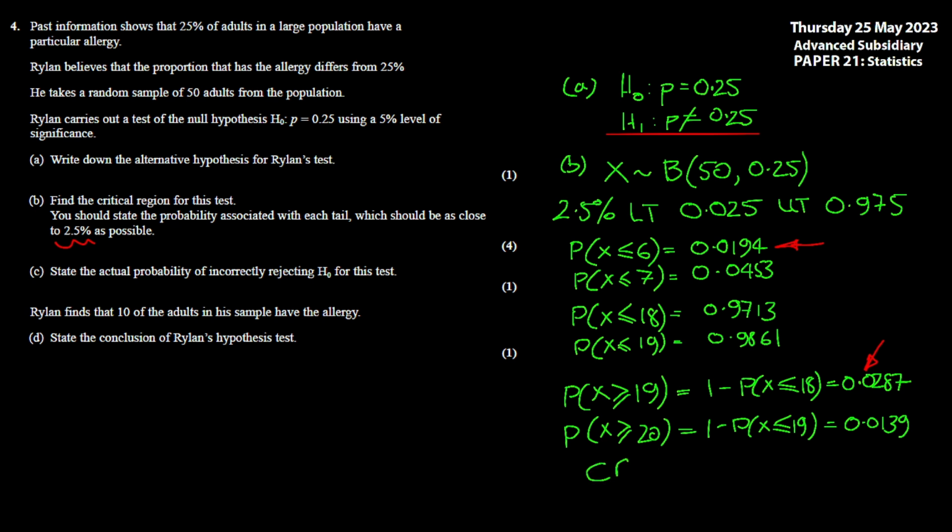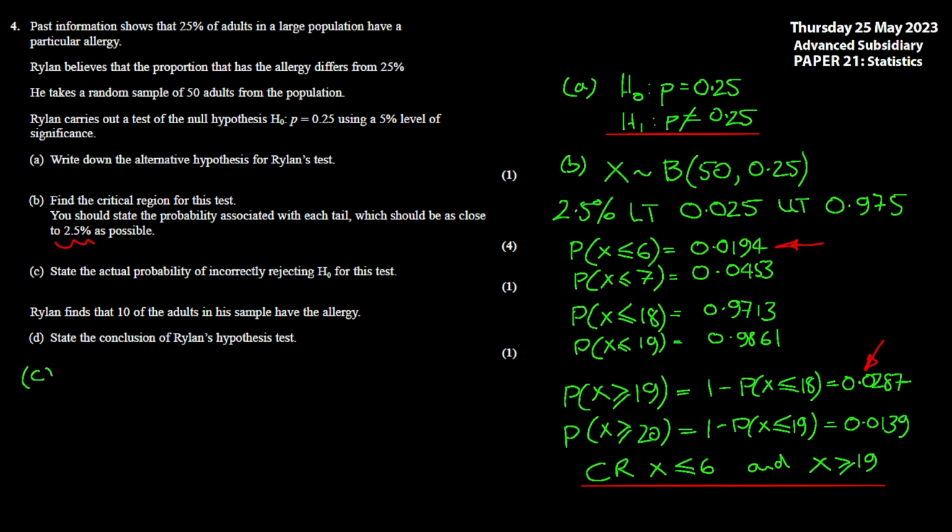So the critical region is from x less than or equal to 6 and x greater than or equal to 19. So the critical region is defined by values of x getting as close as possible to the 2.5% significance level at either the upper tail or the lower tail: x must be less than or equal to 6 or greater than or equal to 19.